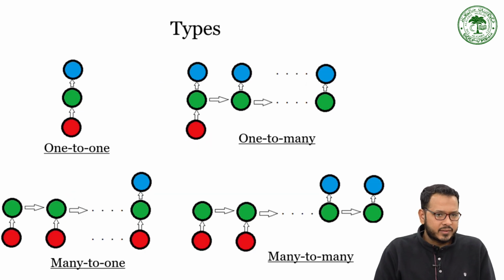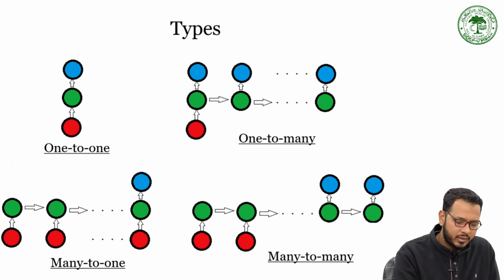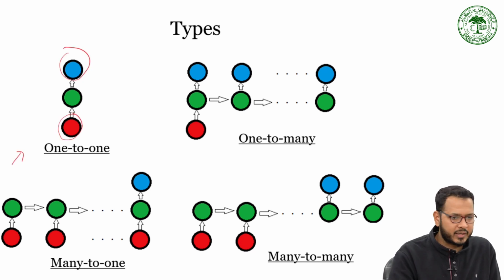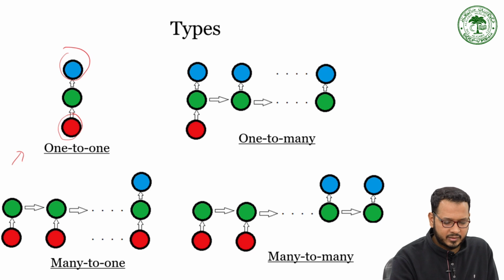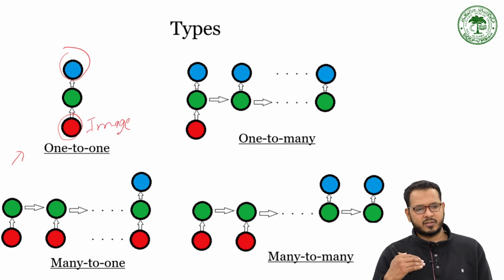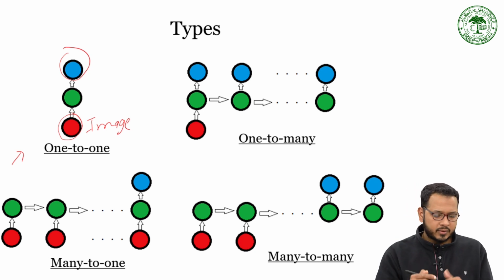There are many variations. There are many types of recurrent neural networks. They could be one-to-one, where you have one input and you are expecting only one output. Let's say for example an image, and you want to check whether that image is a dog or not. So it is one to one because you have one input and one output.